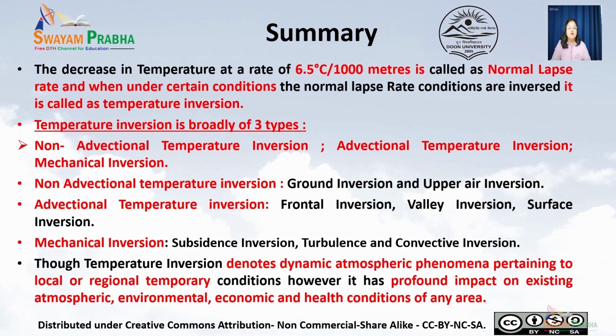Summarizing the video, first we have understood what the normal lapse rate of temperature is, which exists in the troposphere, where the temperature decreases with increasing height. These are the normal conditions existing in the troposphere. Under certain conditions, this normal rate of decrease of temperature with increasing height is reversed, leading to a negative lapse rate, wherein the temperature, instead of decreasing with increasing height, tends to increase with increasing height, which is called temperature inversion.